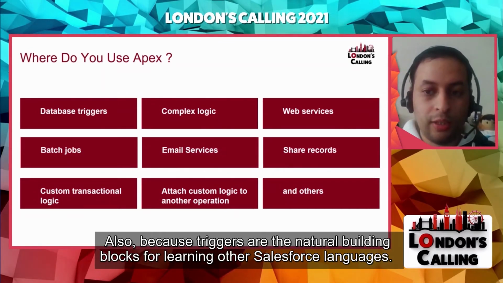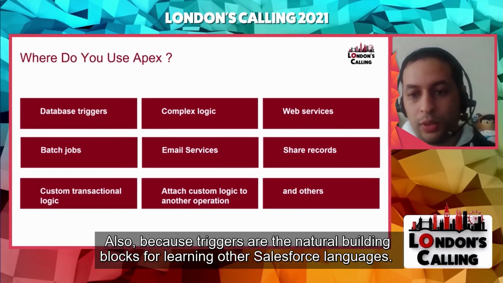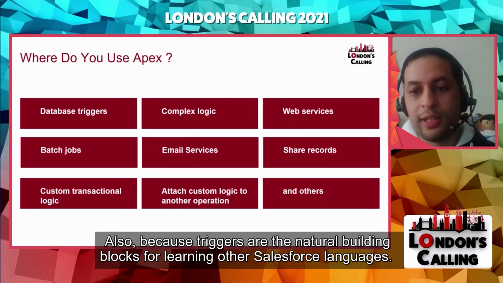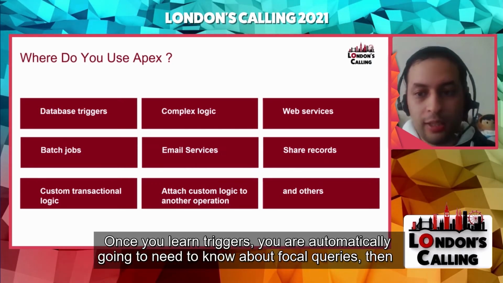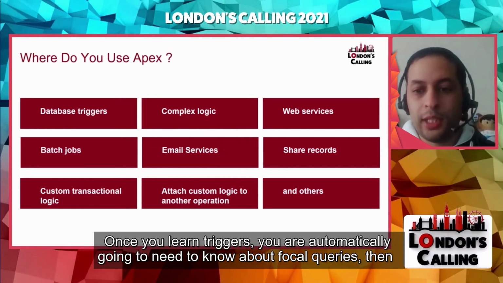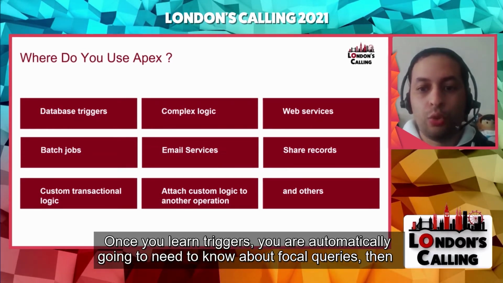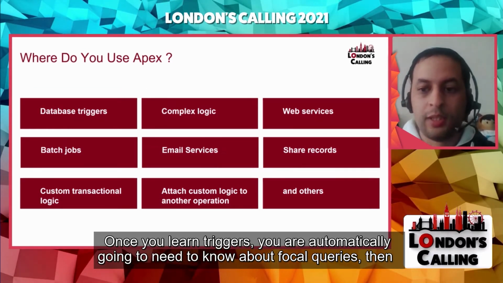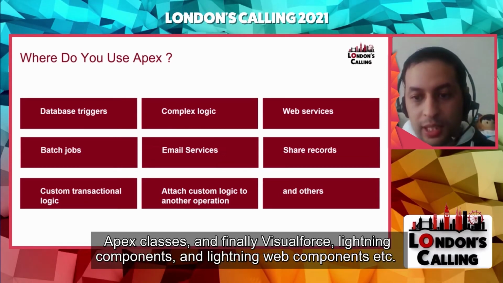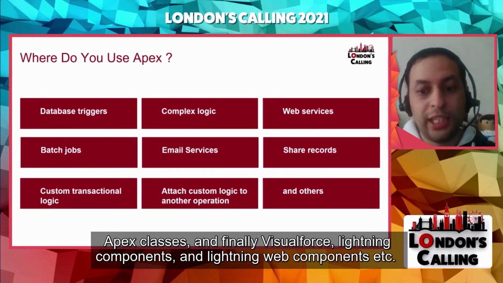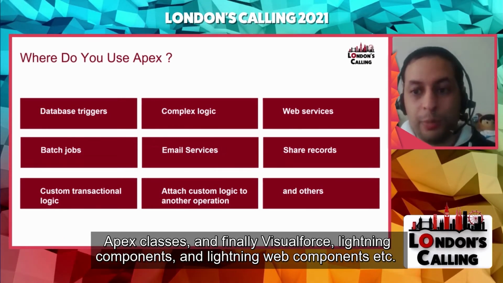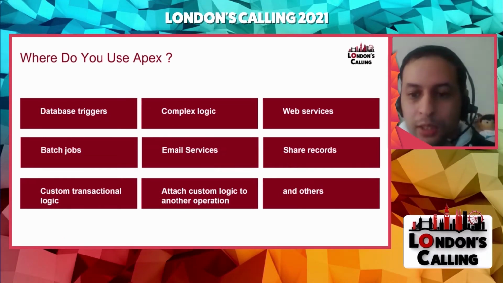Also, triggers are the natural building blocks for learning other Salesforce languages. Once you learn triggers, you are automatically going to need to know about SOQL queries, then Apex classes, and finally, Visualforce, Lightning components, and Lightning Web Components, etc.